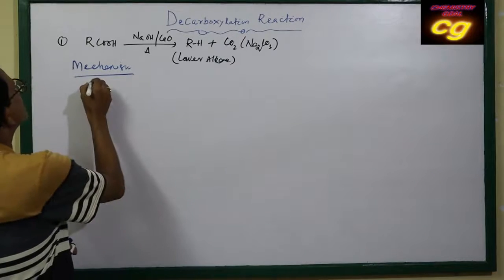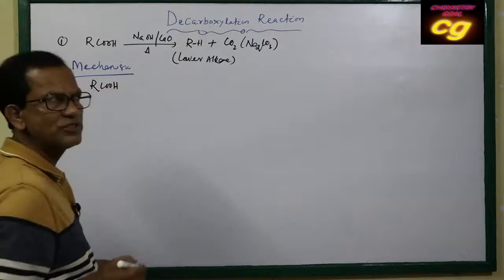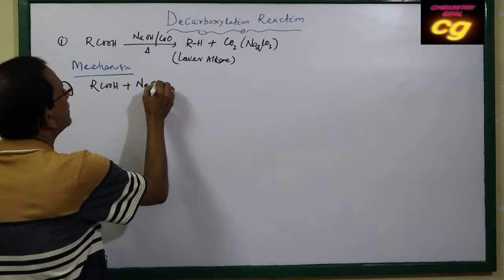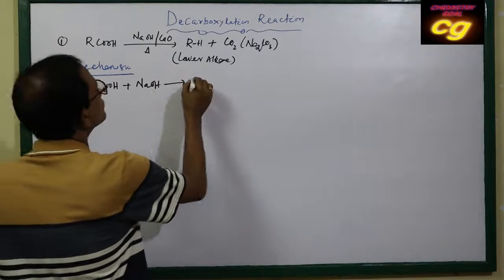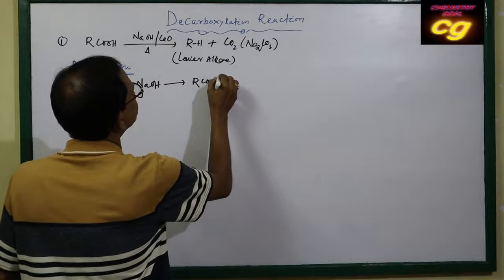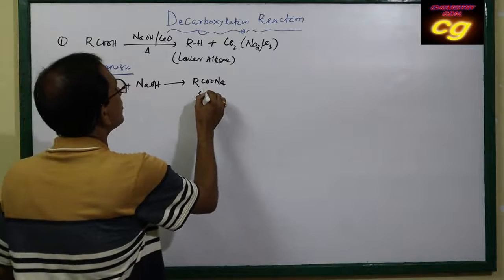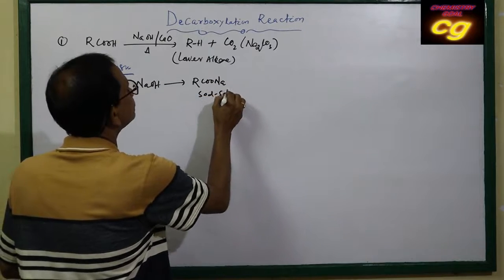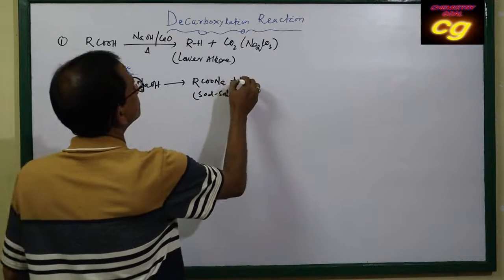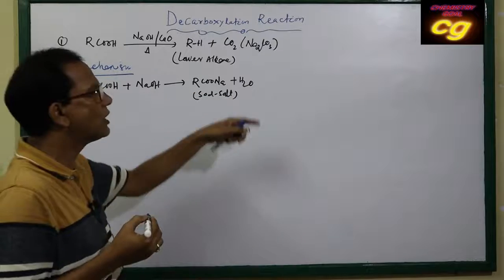The carboxylic acid reacts with sodium hydroxide forming sodium carboxylate. That is formation of salt, the sodium salt, plus water, because acid reacts with base forming salt and water.